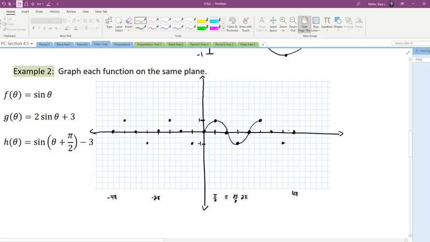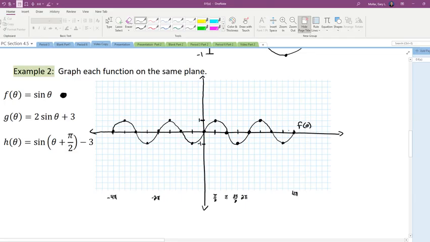Definitely not zigzags. Definitely rounded at the tops and the bottoms. All right, so this black one, this is f of theta.